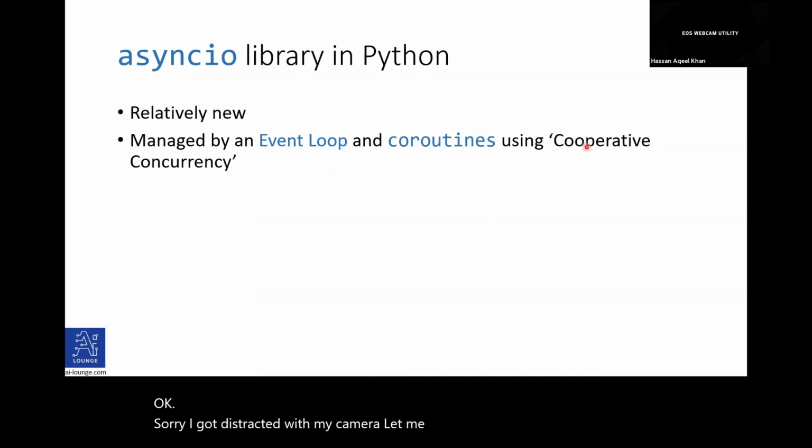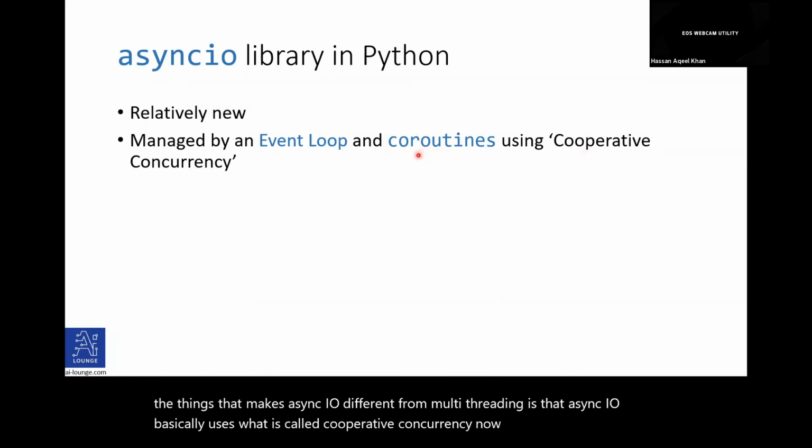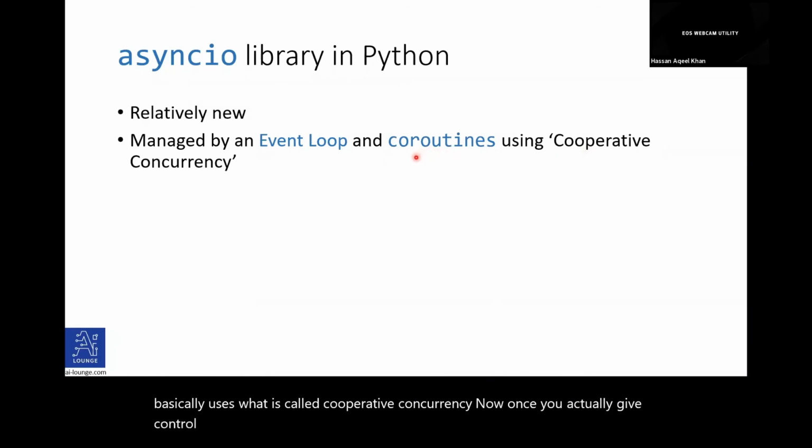Now, one of the things that makes async IO different from multi-threading is that async IO uses what is called cooperative concurrency. Once you give control of your program to a coroutine or a subtask or a thread, it will return that control back when it wants to.